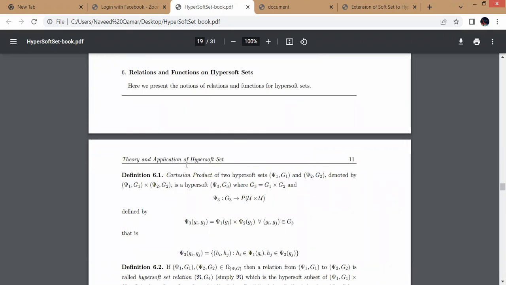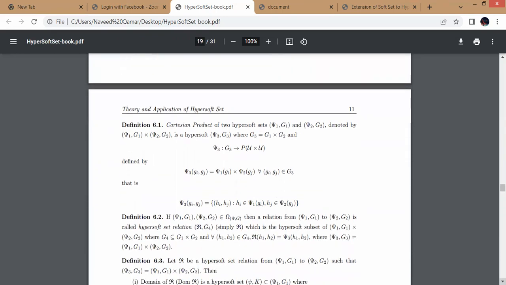So we will discuss Cartesian product of two hyper subsets. This is the main definition here. Here in the next part of this paper, there are only two topics: Cartesian product and matrix. How to form a matrix by using hyper subset. So first of all, we discuss Definition 6.1, Cartesian product of two hypersoft sets.